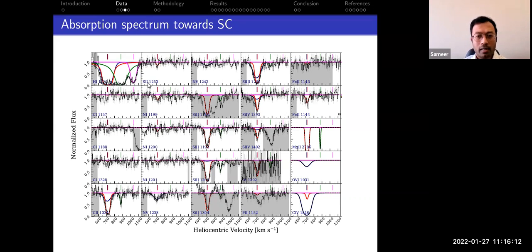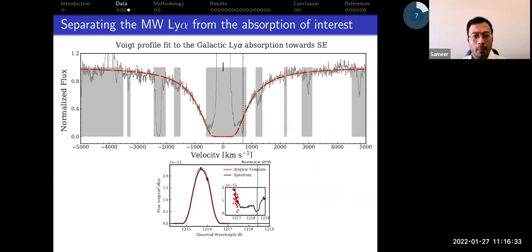So to do that, we make use of a photoionization code called Cloudy, which is designed to simulate matter in the interstellar medium. So these models that we are seeing here are all curves that are Voigt profile fits based off of Cloudy models. So I'll discuss how these models have been obtained.